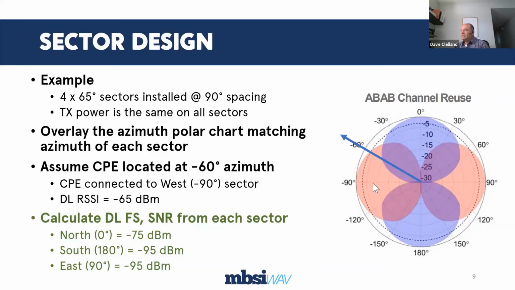If the west sector were to go off the air for some reason, that CPE that's out here at the 60 degrees could join the north sector. And probably if we had a high enough minimum installation value, he would join the sector and he would be perfectly happy coming off of this sector.